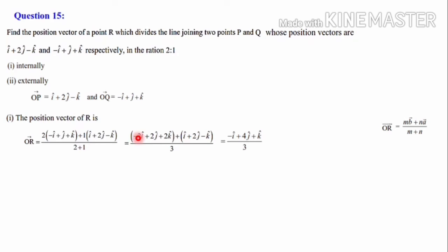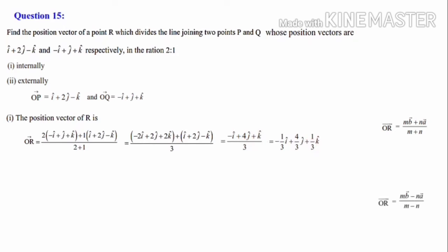Let's simplify: minus 2i plus i is minus i, 2j plus 2j is 4j, 2k minus k is plus k, divided by 3. Splitting the denominator, that is minus 1 by 3 into i cap plus 4 by 3 into j cap plus 1 by 3 into k cap.